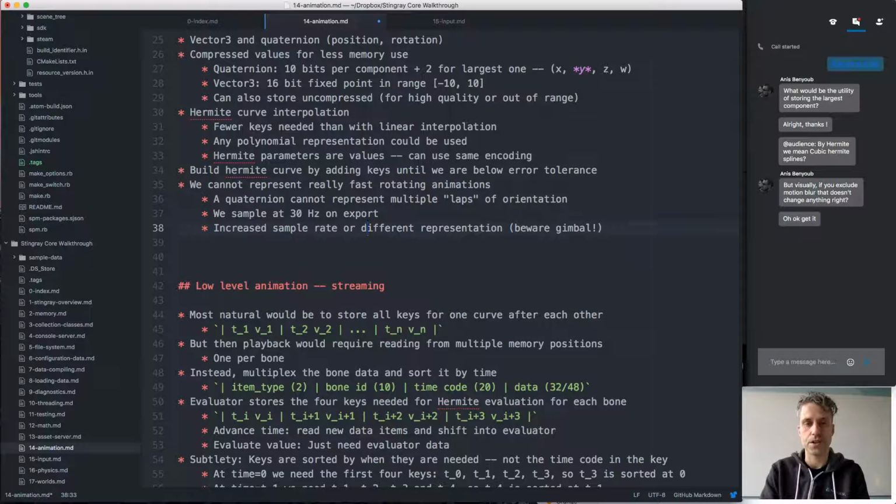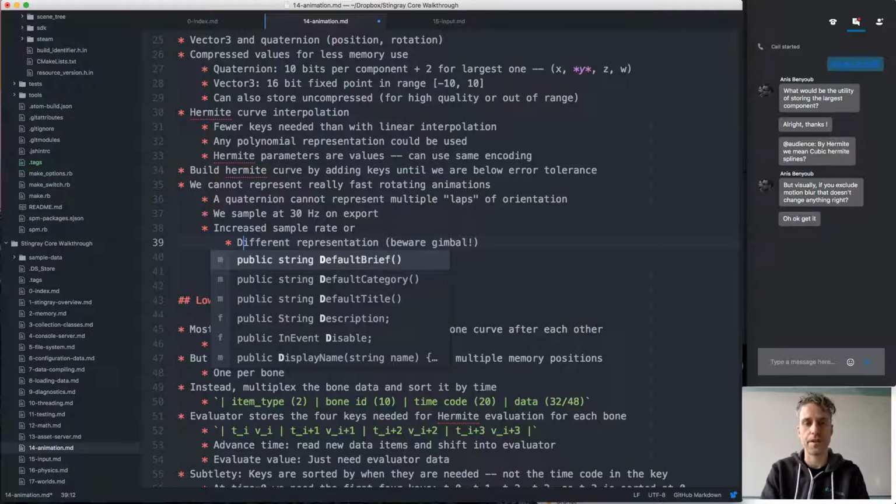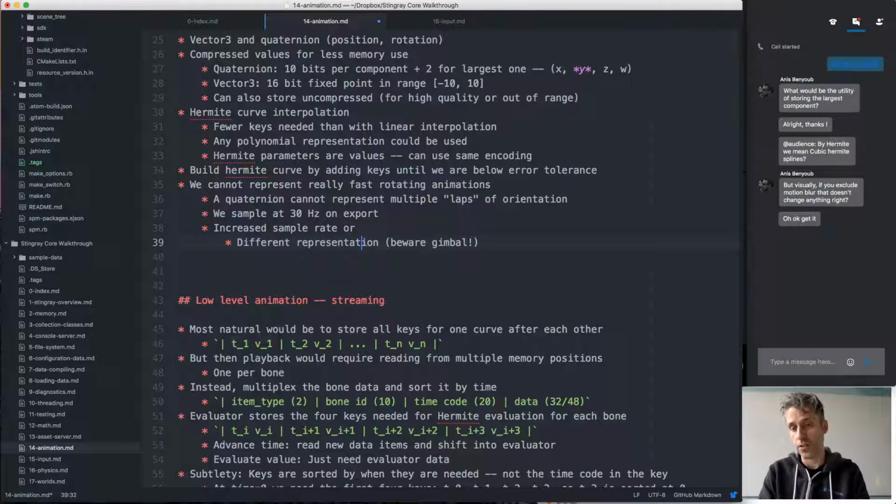Another option, which we don't have in our engine, but that you could imagine, is to use some kind of different representation. Instead of using a quaternion, you could use Euler angles. Euler angles actually allow you to represent multiple laps of rotation if you allow the Euler angle to go beyond 360 degrees.